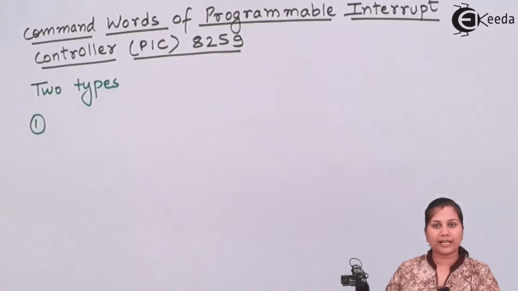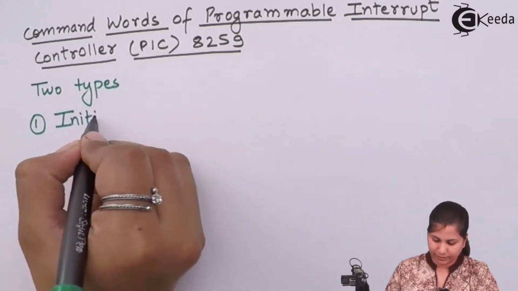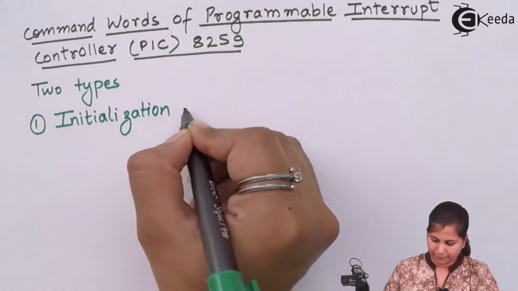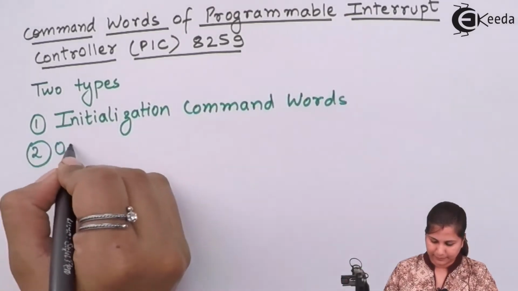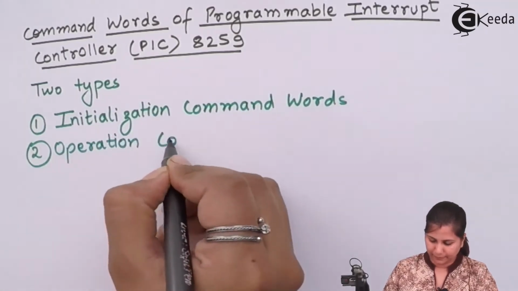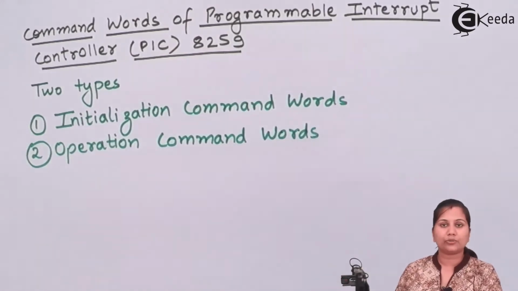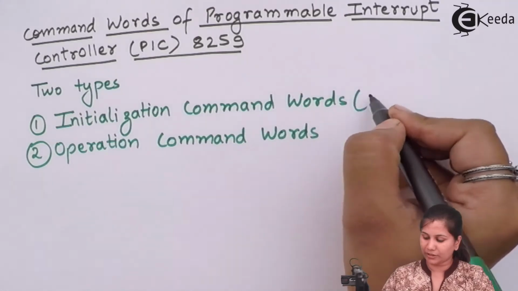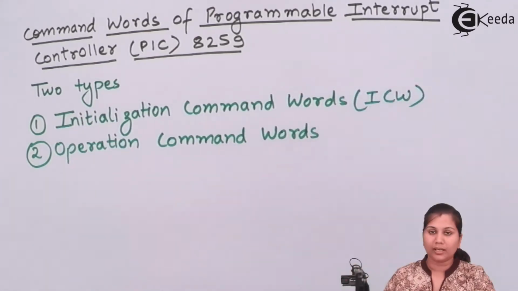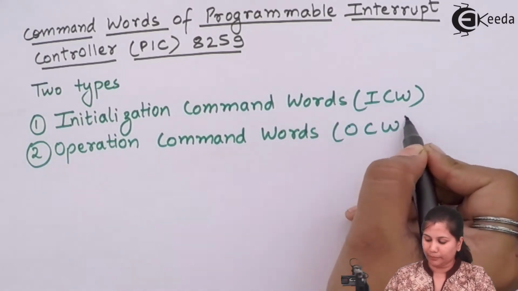First is the initialization command words and second is the operation command words. So this 8259 is going to have two types of command words: initialization, that is ICW, and operation command words, that is OCW.